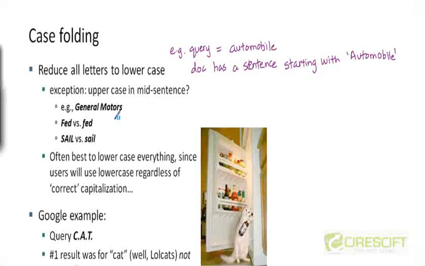And if a particular word appears capitalized in the middle of a sentence, it's a hint that it may be a proper noun or an acronym or the name of an organization. In that case, you may not want to do case folding because you want to keep proper nouns as they are. Clearly, General Motors shouldn't be treated like the words general and motors separately taken in the English language.